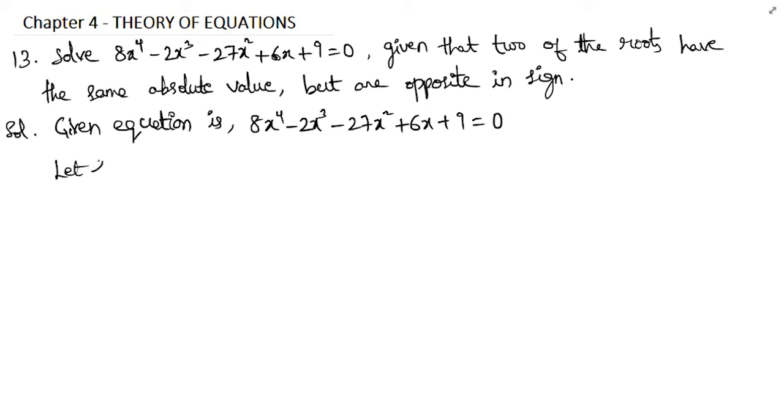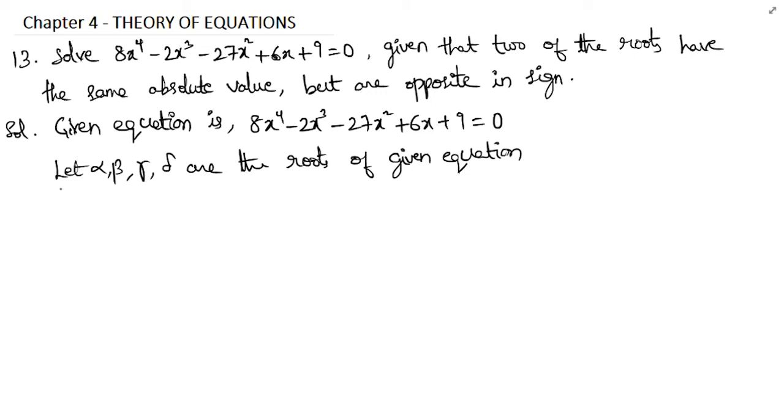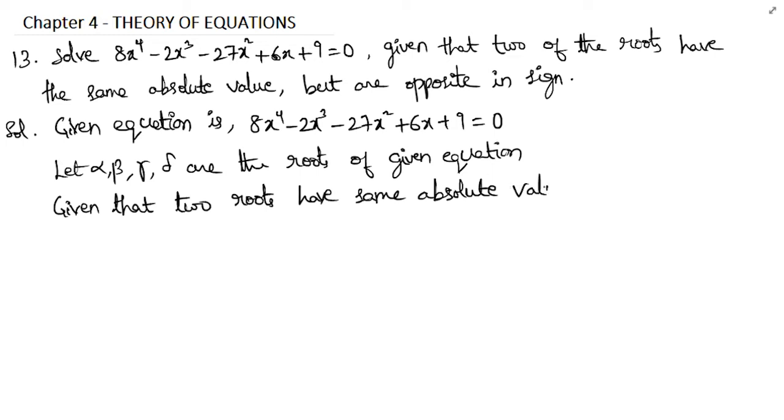So let alpha, beta, gamma and delta be the roots of the given equation. So now, given that two roots have the same absolute value, right? It's given in the question, but are opposite in sign.